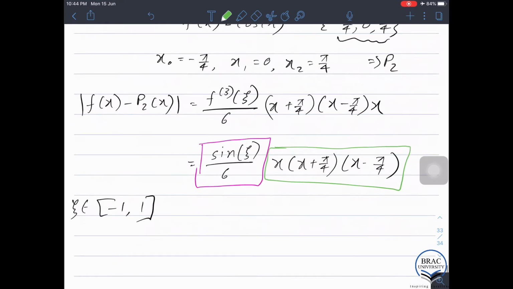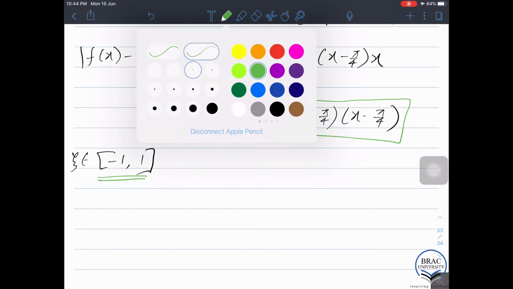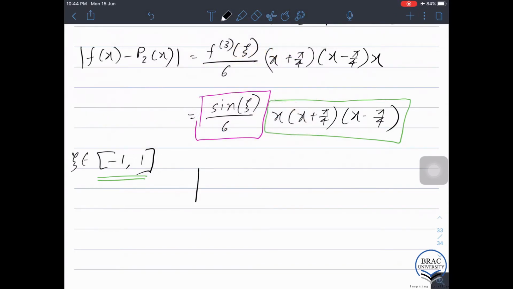So for the sine function, in this interval to be more precise, we know that sin 0 is equal to 0, and it keeps on increasing up till π/2. π/2 is 3.14/2, which gives you 1.57, which is out of my interval.